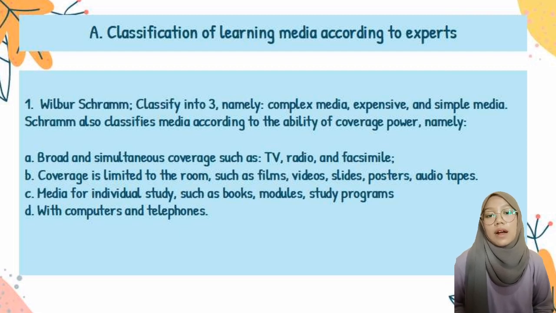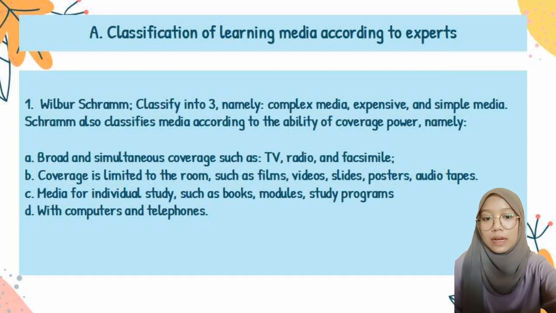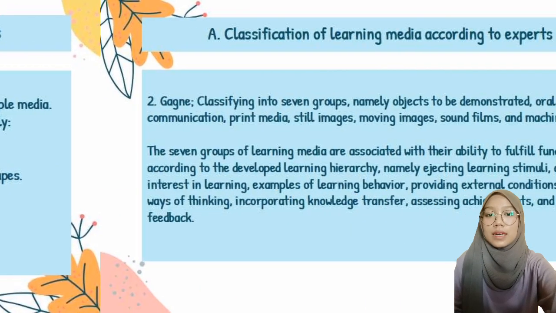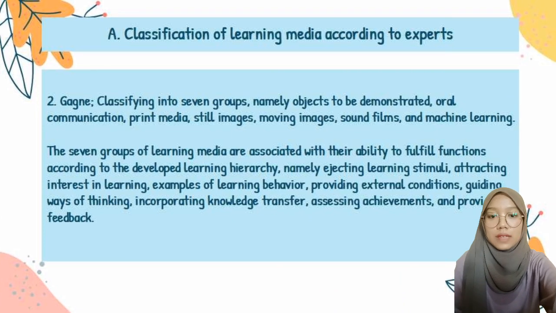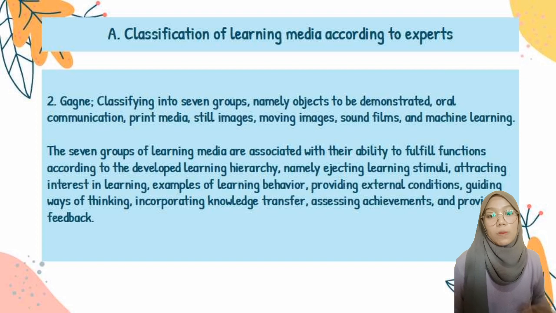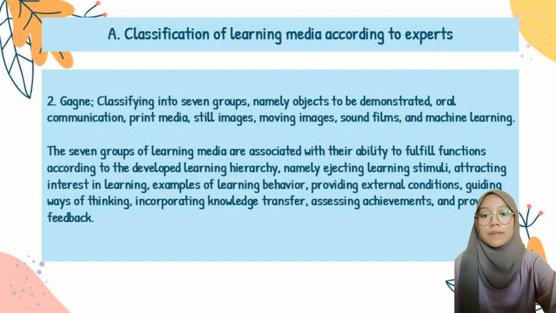Then coverage limited to the room such as films, videos, slides, posters, audio tapes, and then media for individual studies such as books, modules, study programs, and others. Second is Gagne, classifying into seven groups, namely subjects, objects to be demonstrated, oral communications, print media, still image, moving image, sound film, and machine learning.